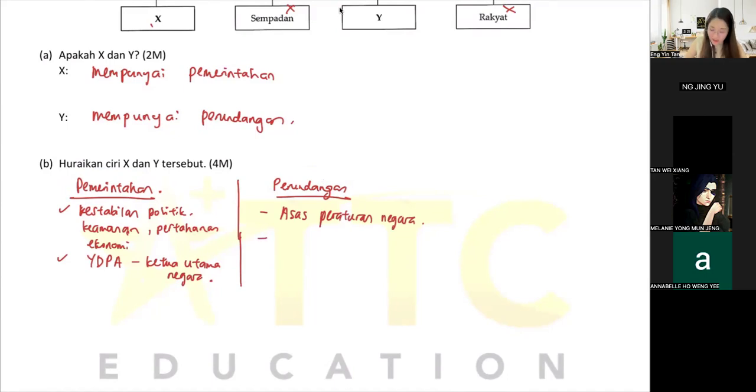And then you can say asas perundangan is based on the federation law. The constitution. Perlembagaan Persekutuan. Correct? So you need to form short sentence for these 2 parts.